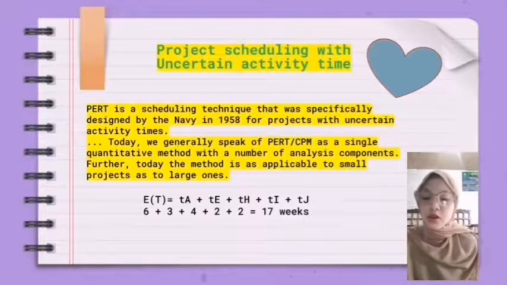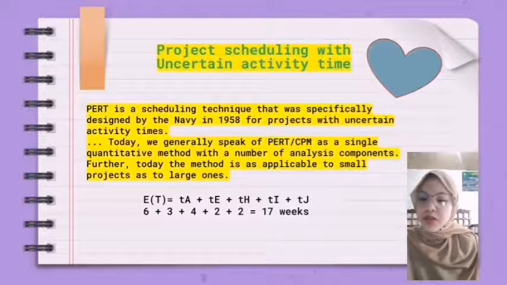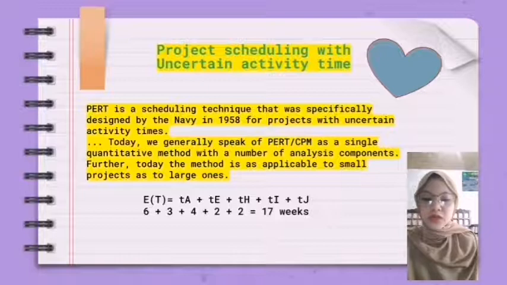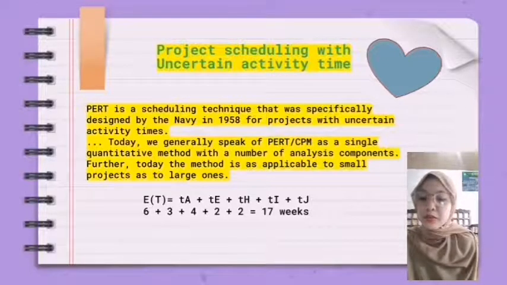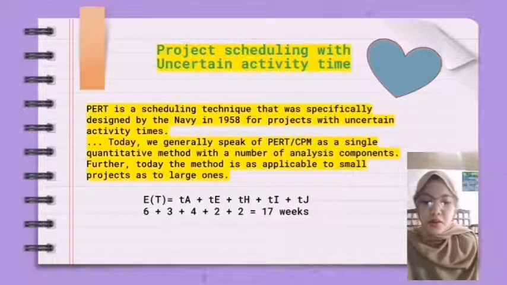Now, the notes and comments: for projects involving uncertain activity times, the probability that the project can be completed within a specific amount of time is helpful managerial information. However, remember that the probability is based only on the critical activities.